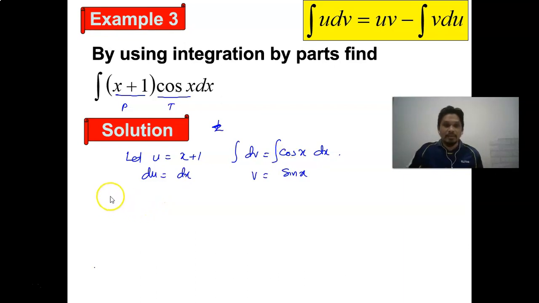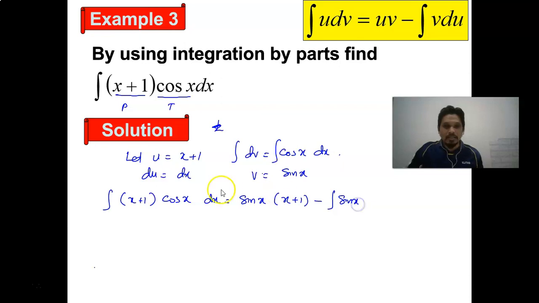Okay, so the integral of x plus 1 cos x dx equal to uv. So then sine x times x plus 1 minus the integral of v, sine x, and du equal to dx.